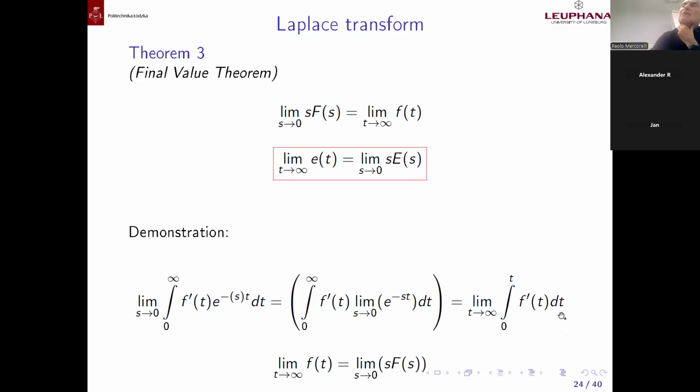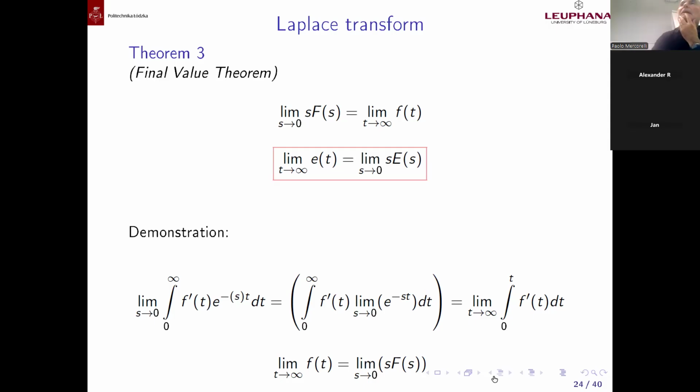Could be that both are necessary. F1 at time 0 equals 0, and f of t at time 0 equals 0. Because from this integral, we have a limit of f of t minus f of 0, right? And here, in this part here, we have a minus f derivative of 0.